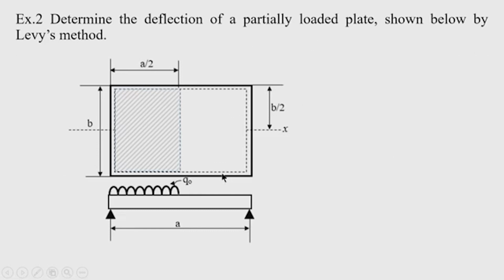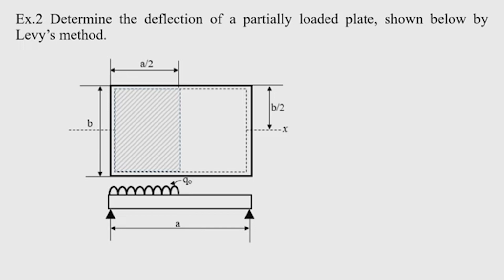Now, let us discuss another problem of a plate which has all the edges simply supported and it is loaded by UDL, not up to the full extent of the plate, but up to the middle area. So, it covers only a by 2 length of the plate.